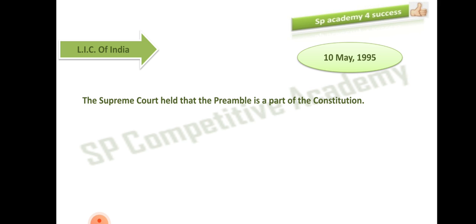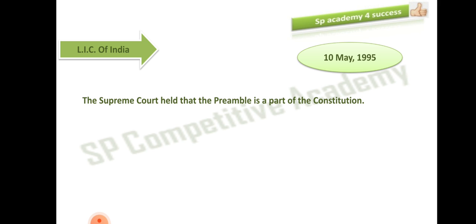So what are the two case laws which give us that the preamble is a part of the Indian Constitution? Keshavananda Bharati case law and the LIC case law. Clear? And they said that the preamble contained the basic idea.